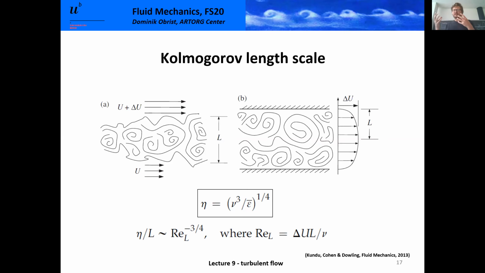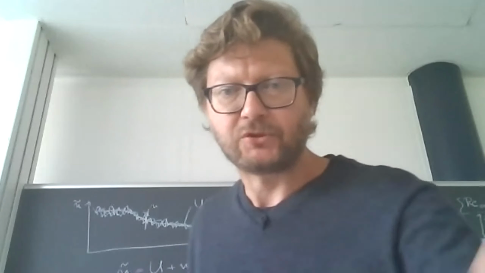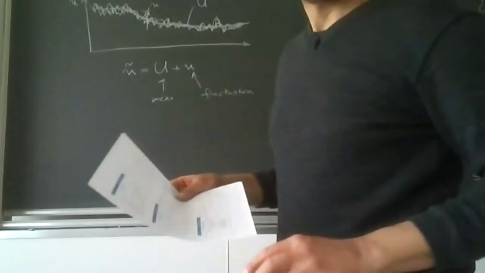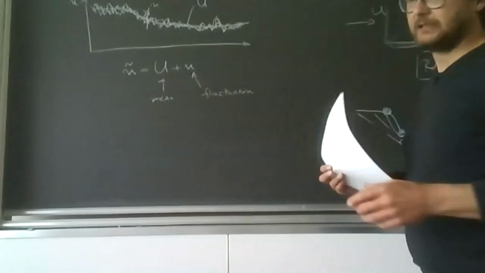He wanted to find out, is there something like a smallest possible eddy? He ended up with something nowadays known as the Kolmogorov length scale, described by eta. I quickly want to show you on the blackboard the basic concept of that and some beautiful applications of that. So let me switch back to the blackboard and give you the idea of the Kolmogorov scale.